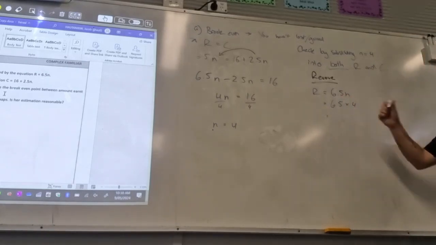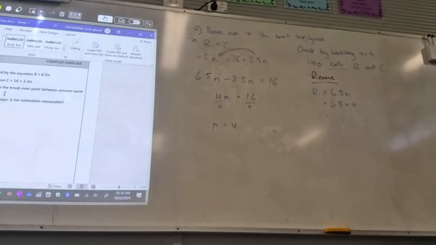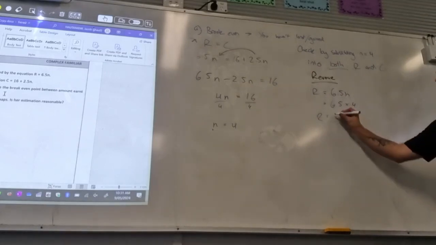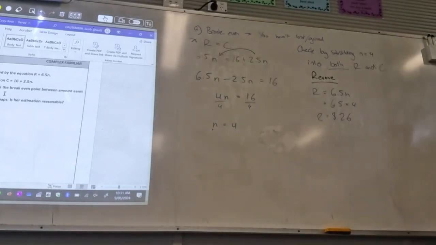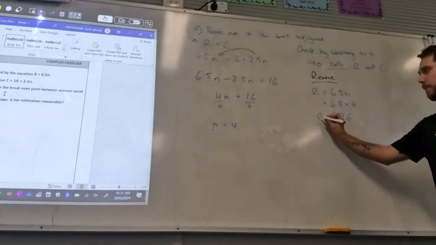Can someone with a calculator please do that for me? I think it's 26. Yep, cool. So the revenue is equal to 26.